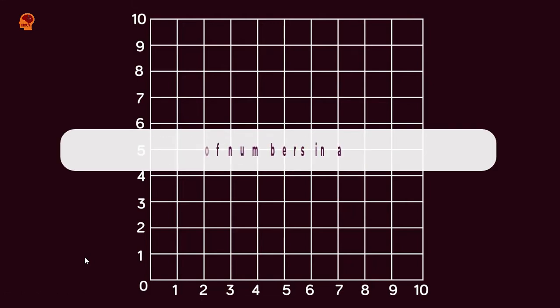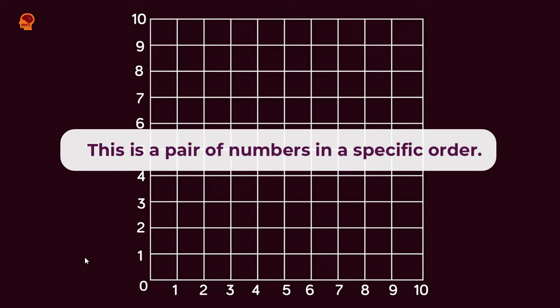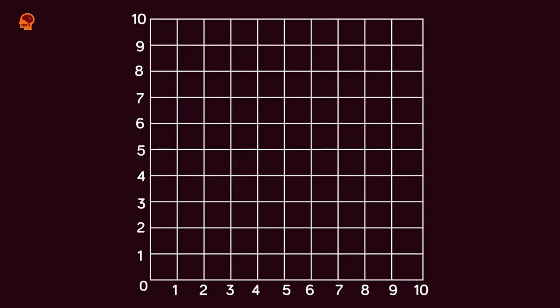The ordered pair is a pair of numbers in a specific order. What do we mean by that? Where you have numbers like 6 and 8, which is a point, the first number is represented by x, and the second number is represented by y.